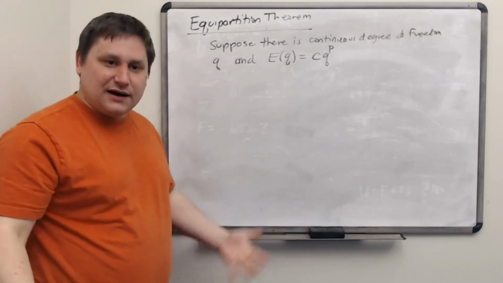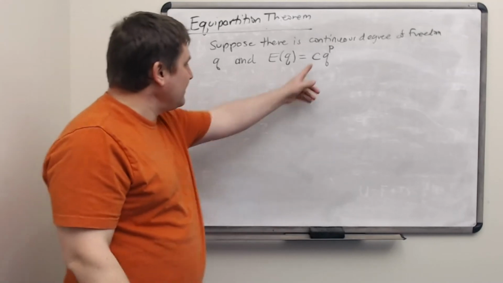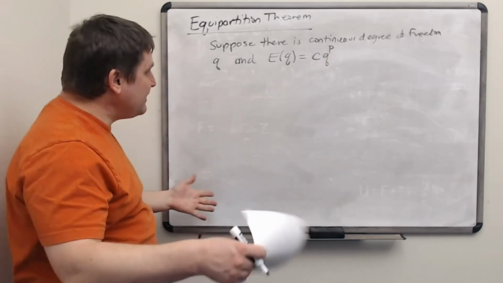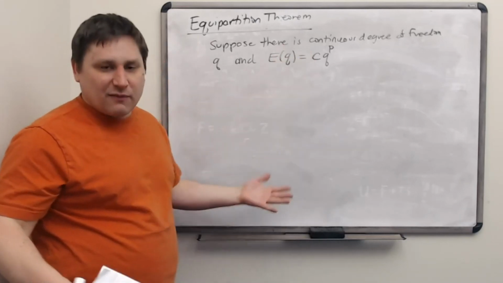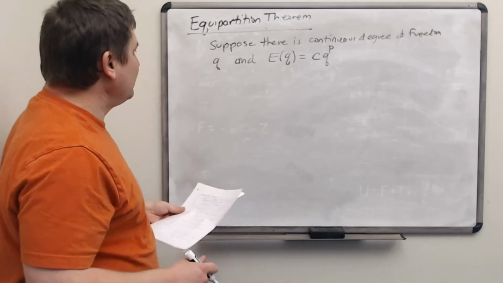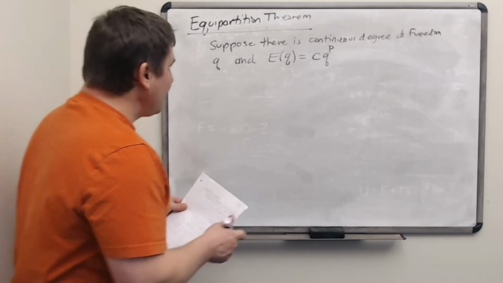This could be 1/2 mv squared for kinetic energy, right? 1/2 m would be the constant and the power would be 2, or it could be any other kind of weird form of energy. The power might be 1, the power might be 3, or something like that. But it's still a power law for this energy.